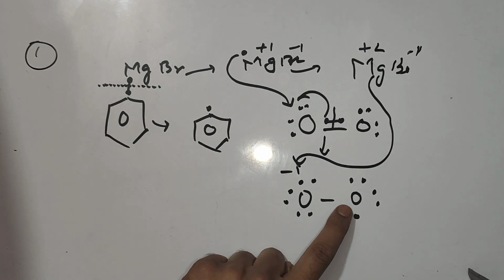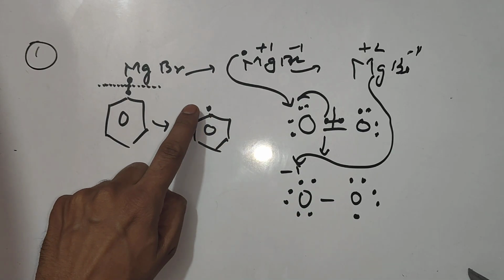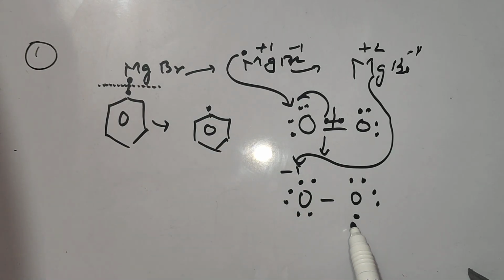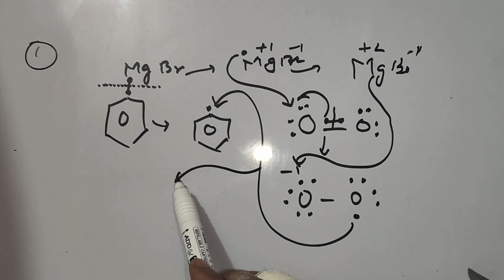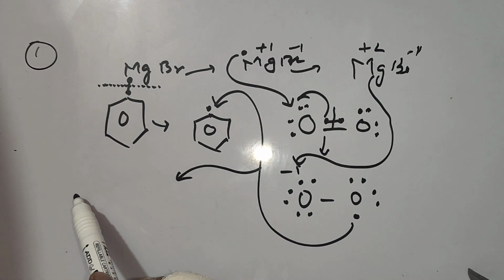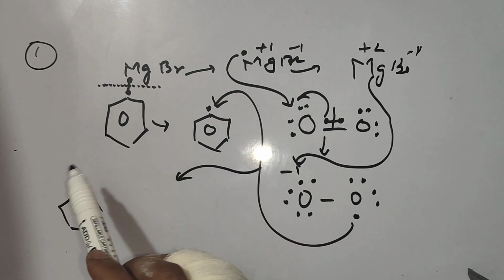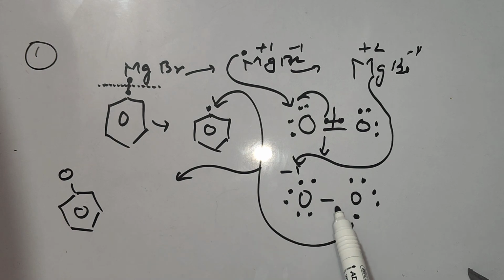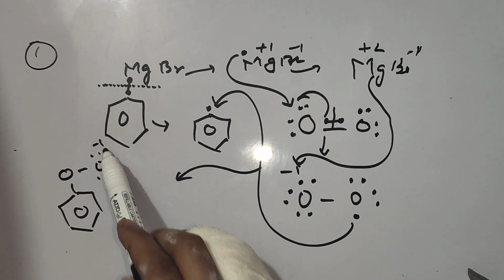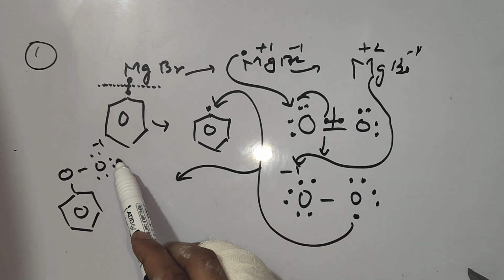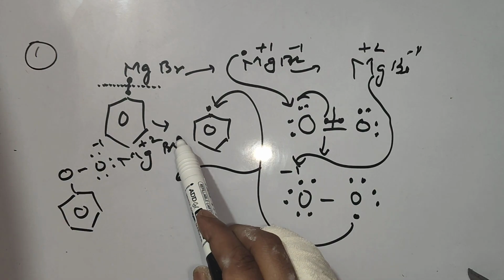What about this unpaired electron on this oxygen? It's a free radical, and can be stabilized by a free radical. Here we have a free radical, the phenyl free radical. So in this fashion, it is going to combine. And finally, after every joining, we will have this with us. Single electron covalent bond. This oxygen is connected with a single bond with this oxygen, carrying a negative charge, which is balanced by Mg +2 and Br negative.